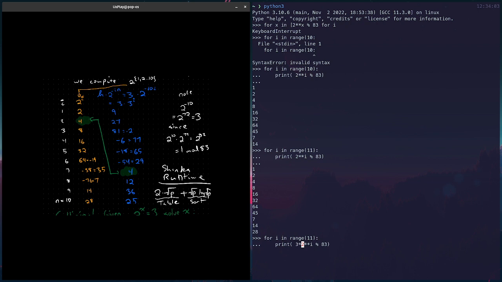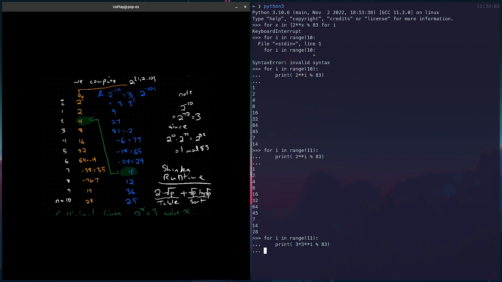We said 3 times 3 to the i, yeah. Because on the left-hand side, here we compute exactly what those values for g to the negative 10 are. We determined they're just 3. So what did we say? 3 to the i mod 83.